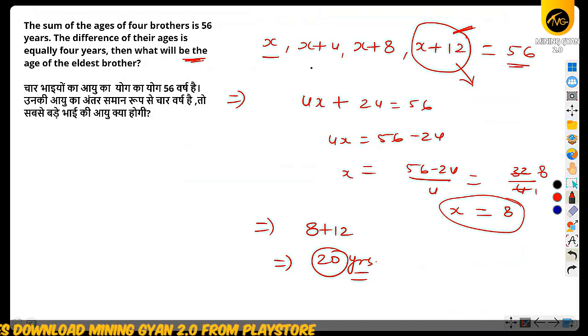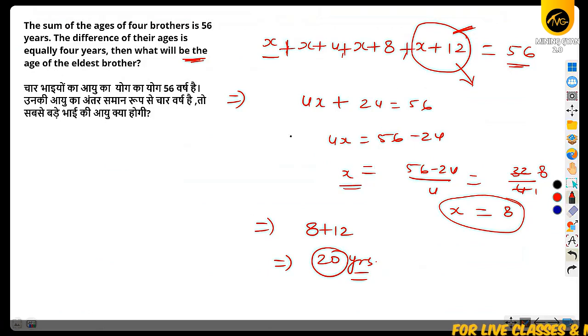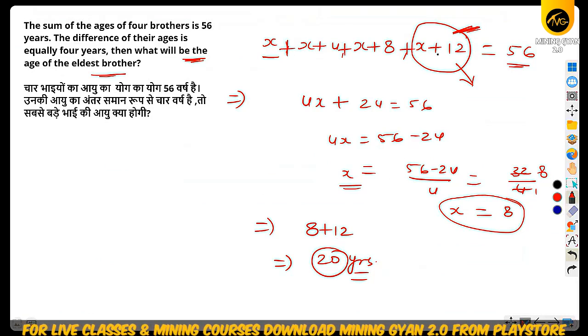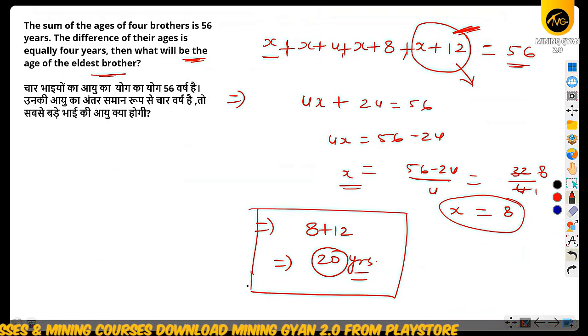So just add the ages of all the brothers and you will get the value of x, that will be the age of the youngest brother. Now the question is, what will be the age of the eldest brother? You have to choose the largest expression, that is x plus 12. Just put down the value of x in this expression, so you can get the age of the eldest brother. So this is 20 years.